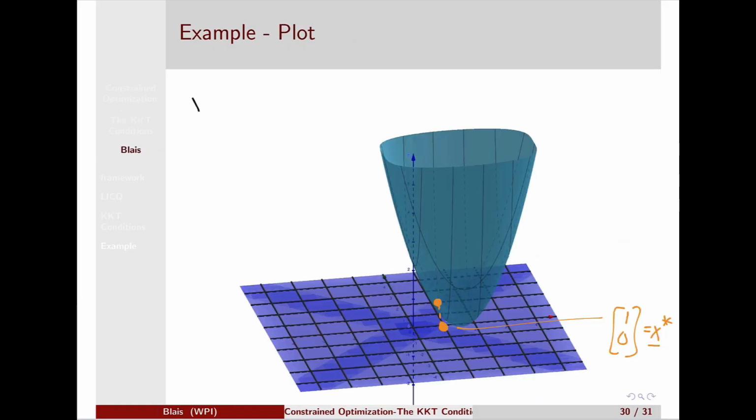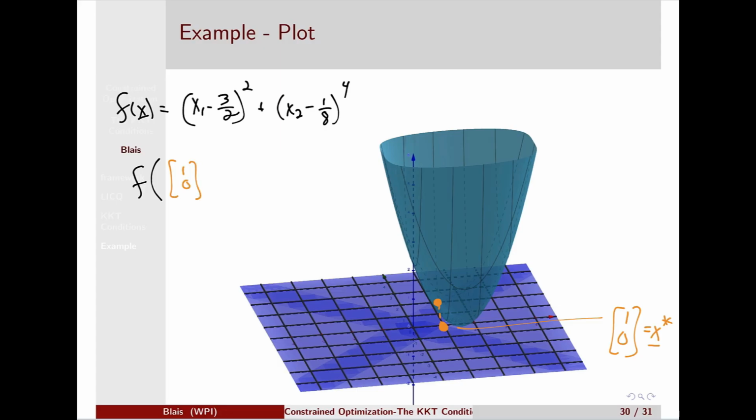And to get that function value, you can, of course, evaluate the function at (1, 0). We know the function was (x1 minus 3/2) quantity squared plus (x2 minus 1/8) quantity to the 4th. And if we plug in (1, 0), which we know satisfies the KKT conditions, we have 1 minus 3/2 is negative 1/2 squared plus 0 minus 1/8, so minus 1/8 to the 4th.